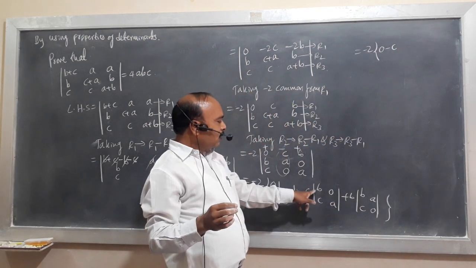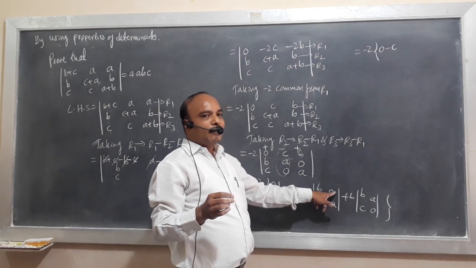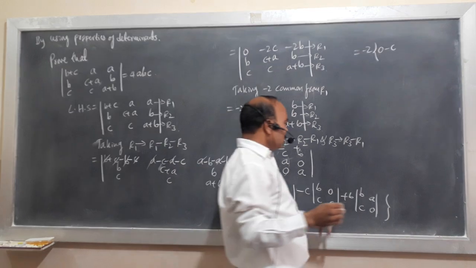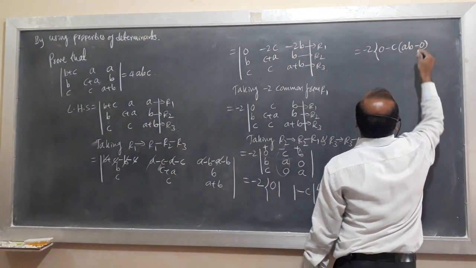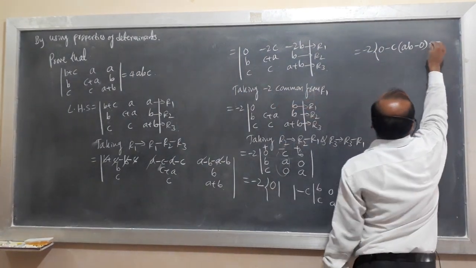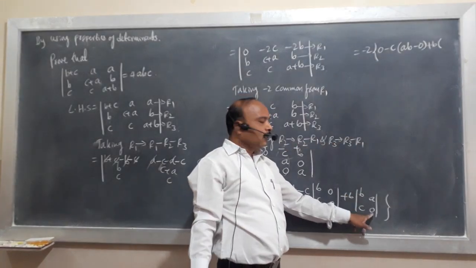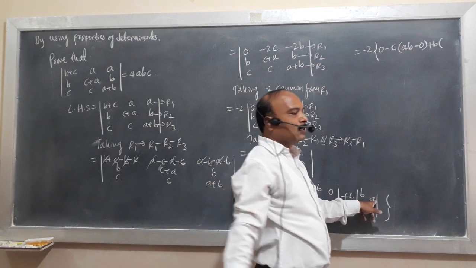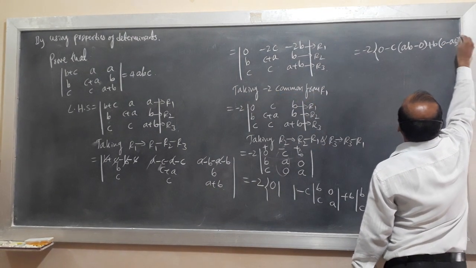Expand this determinant. It is diagonal elements minus product of non-diagonal elements. B into A, AB, minus C into 0, 0. That is AB minus 0, plus B as it is. Expansion of this: first diagonal B into 0 is 0, minus C into A is AC. It is 0 minus AC.